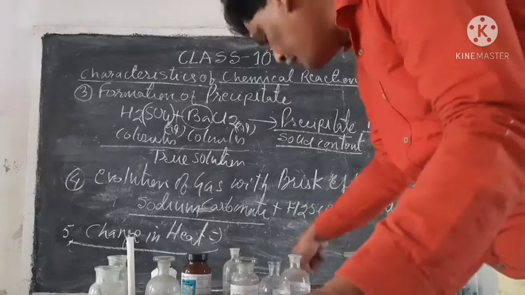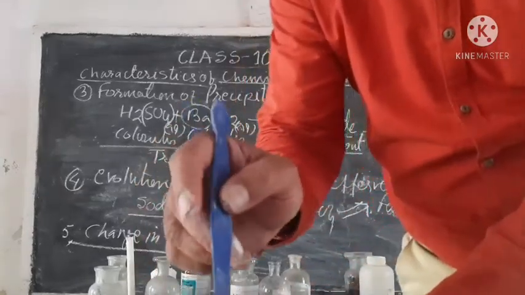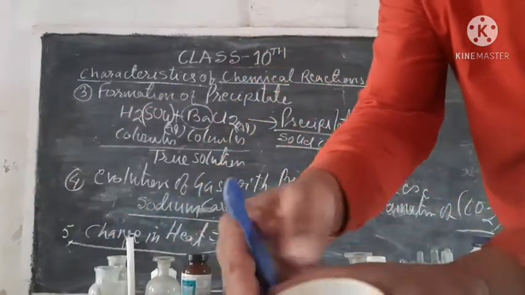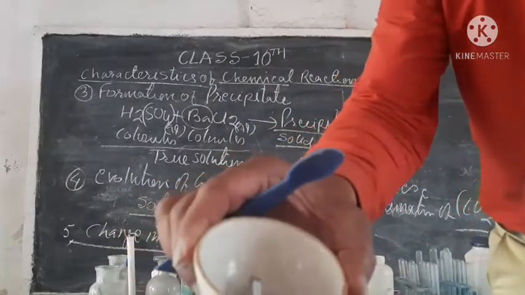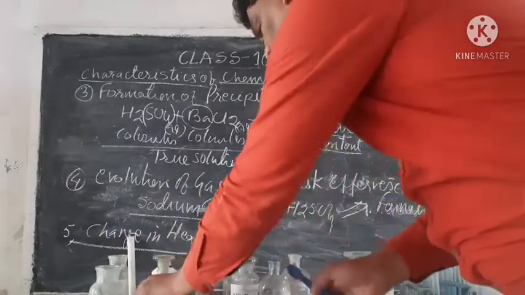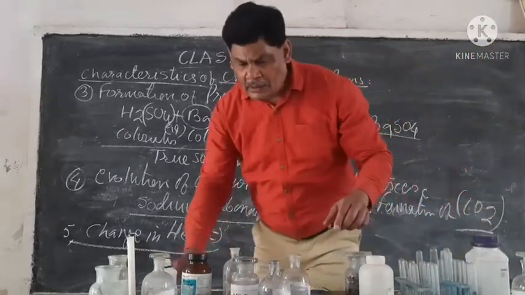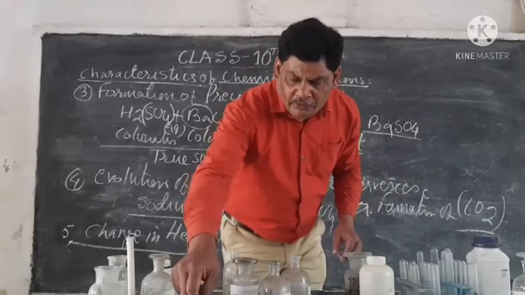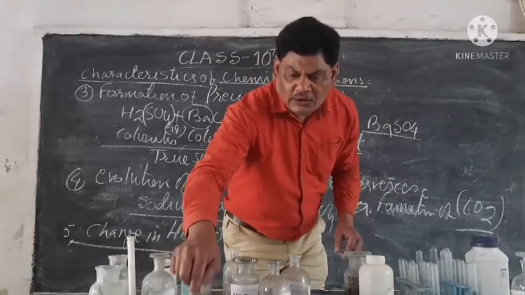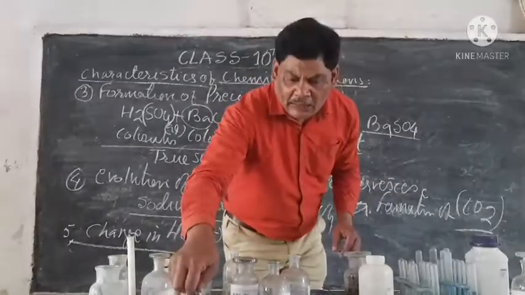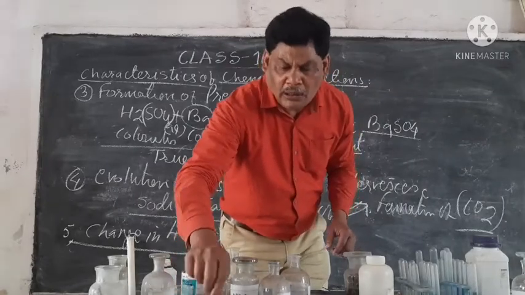Look here, it is sodium metal. You have to observe it very properly. It was earlier wax coated, but when I remove the wax present outside the sodium metal, it will come in its pure form.